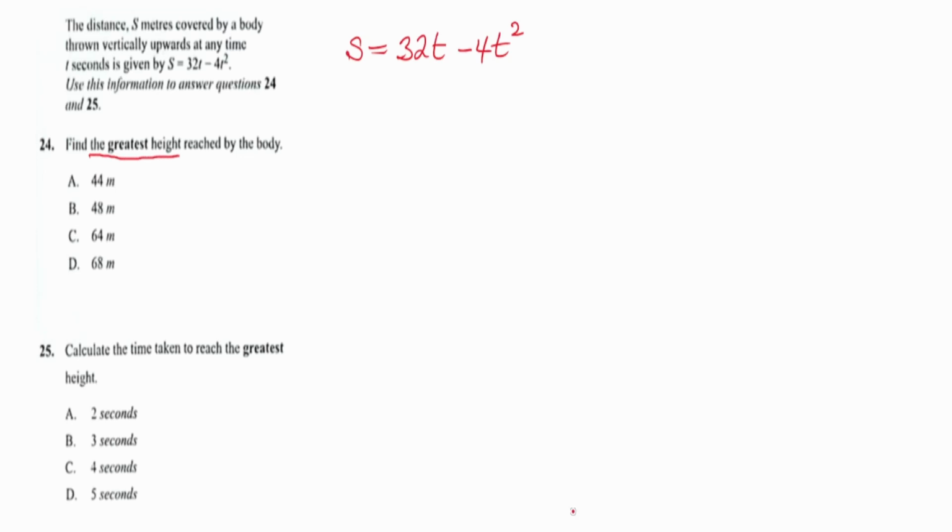The first thing I would like us to know is that at the greatest height, the first derivative of this equation will be 0. So at the greatest height, ds/dt, the first derivative of s with respect to t, will be equal to 0.